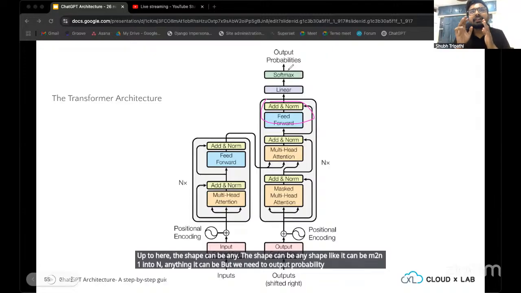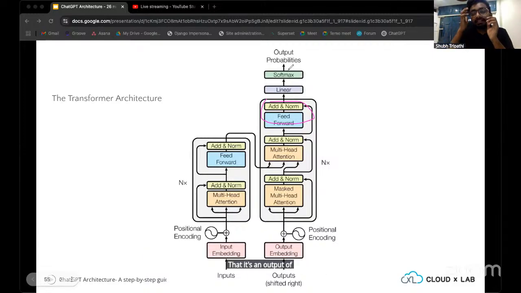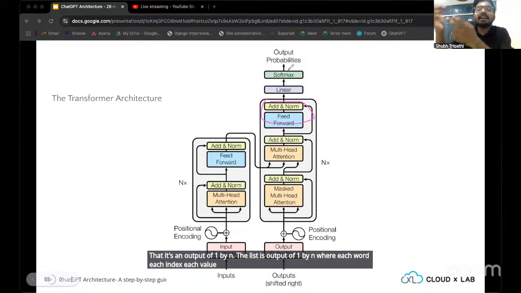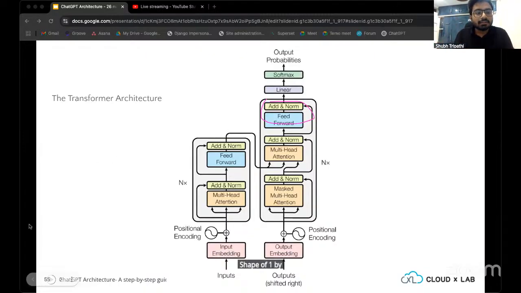And for each word, the probabilities will be a shape of a 1 by n vector only, which we saw in how the model outputs a word. It's an output of 1 by n, where each index, each value represents the probability of that word being the next. So that's what the linear layer is for, to transform the input sequence into a shape of a 1 by n vector. So I hope it's clear.